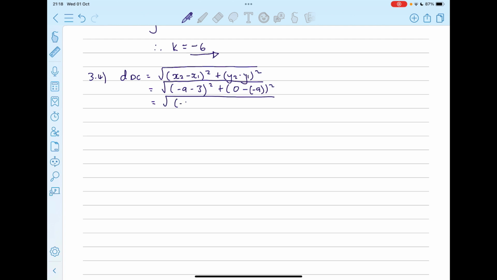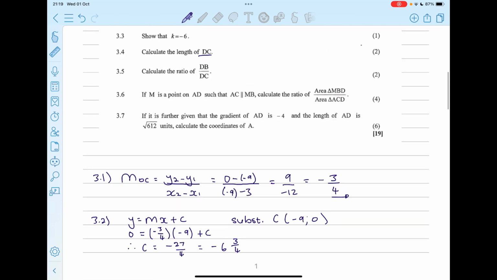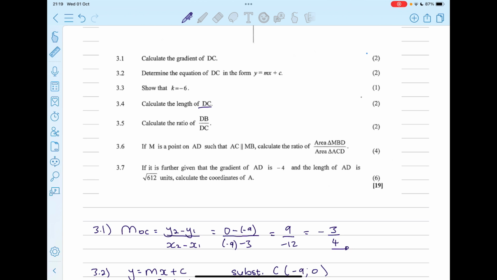Okay, simplifying further, now we've got -12 squared plus, this is now just a +9 squared. And you get 144 plus 81. And putting this in a calculator, you get an answer of 15 units. Because it's distance, so we always need to put units.